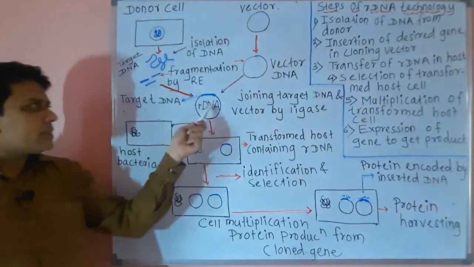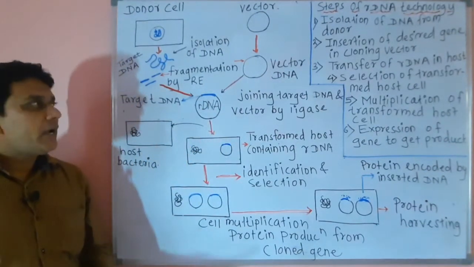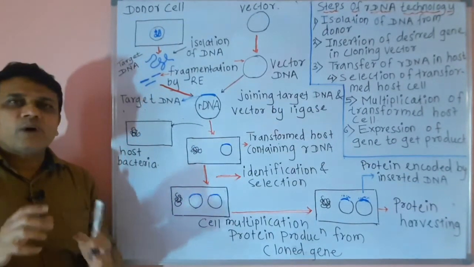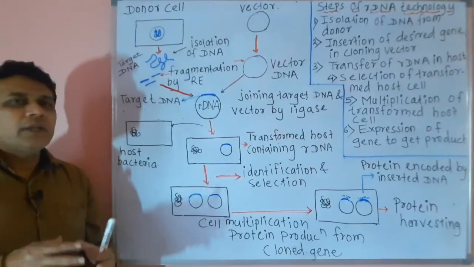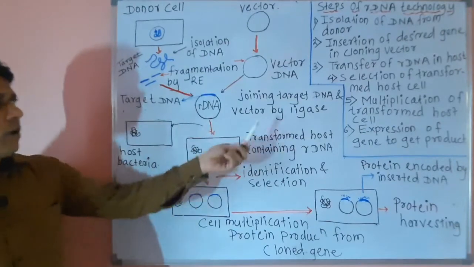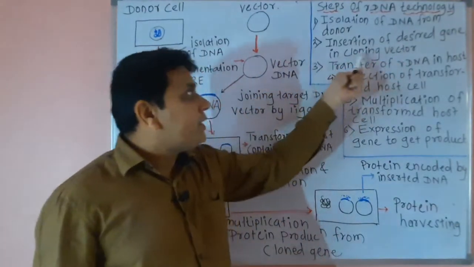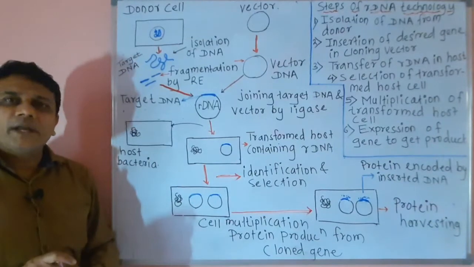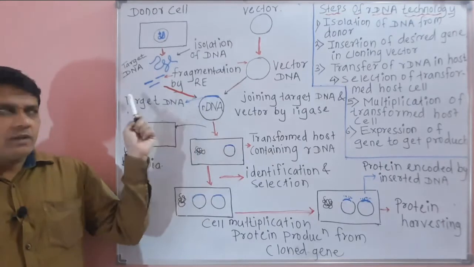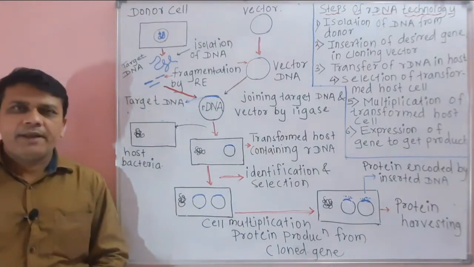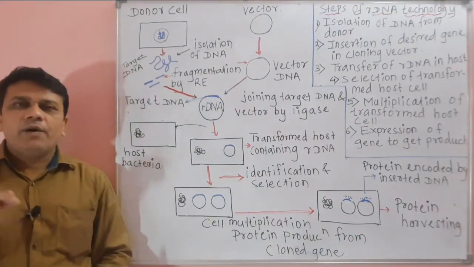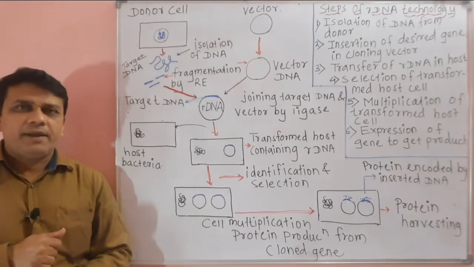So this plasmid is inserted with the target DNA or desired gene, and these two are joined with the help of the enzyme DNA ligase. This step is called the insertion of desired gene in the cloning vector. Such DNA in which the desired or target DNA is inserted is called recombinant DNA, or it is also called chimeric DNA.